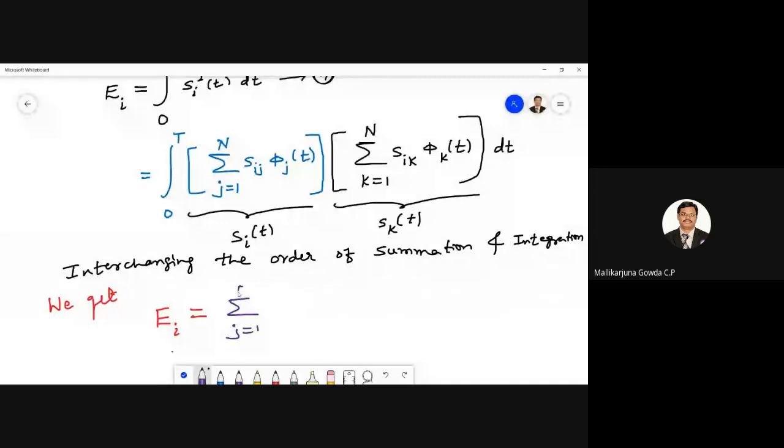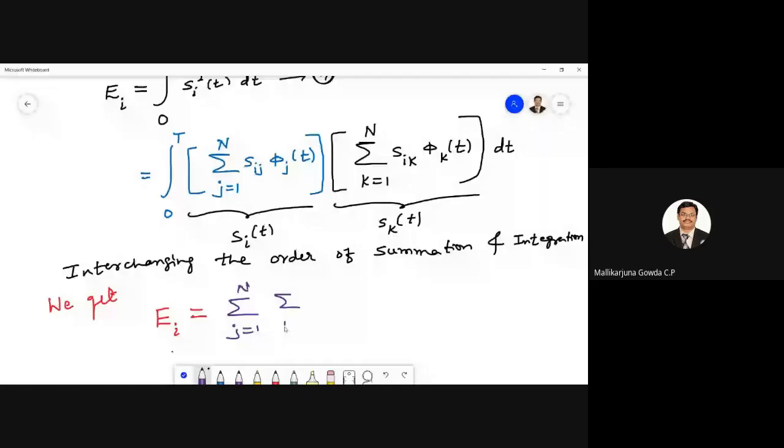I write both the summations, and another summation is k, summation k is 1 to n.